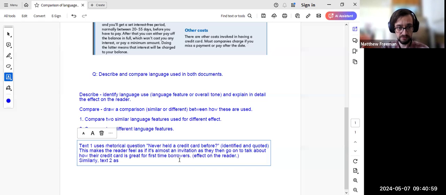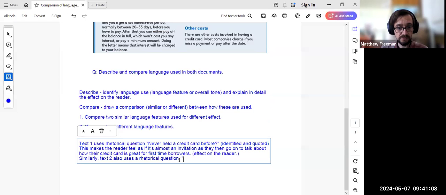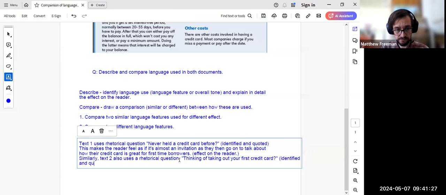Text 2 also uses a rhetorical question. So again, but of course, the implication here is different.